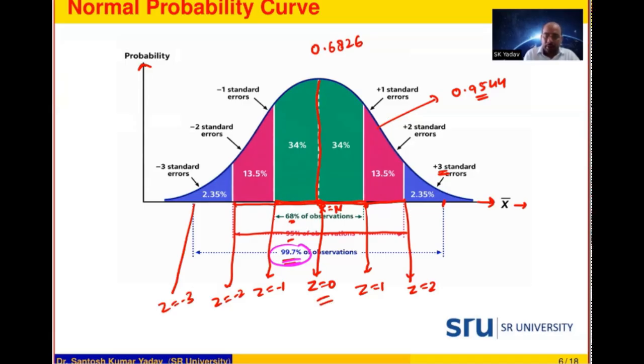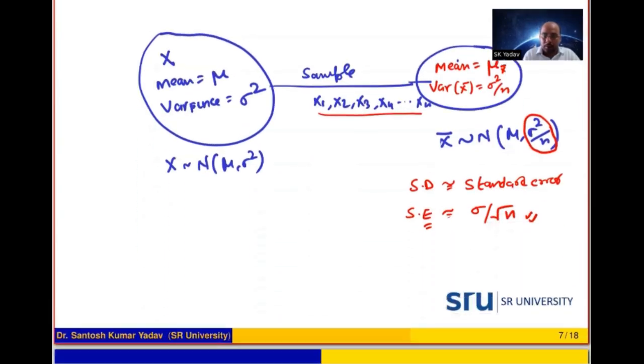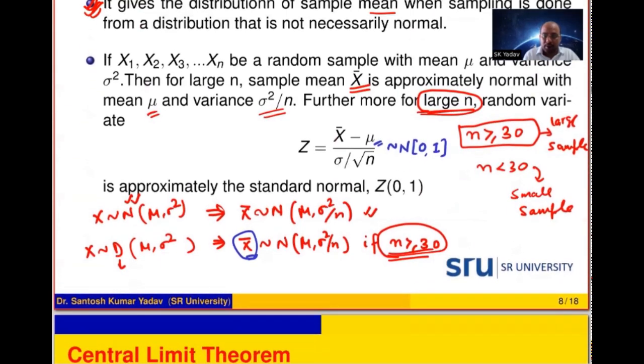So whether we write x bar equal to mu or we write z equal to 0, both have the same meaning. So I hope you understand the central limit theorem. It has only 2 points that I explained here.